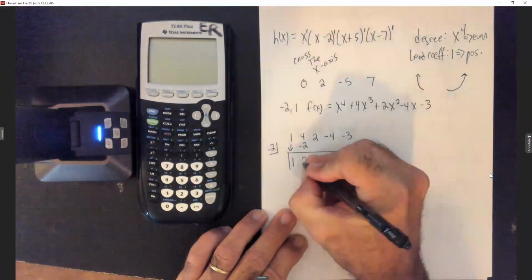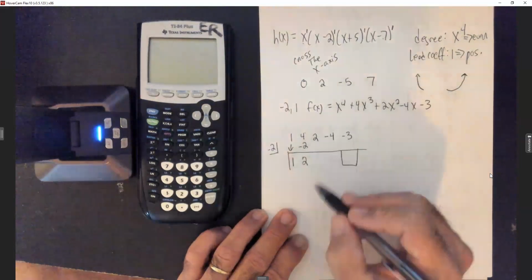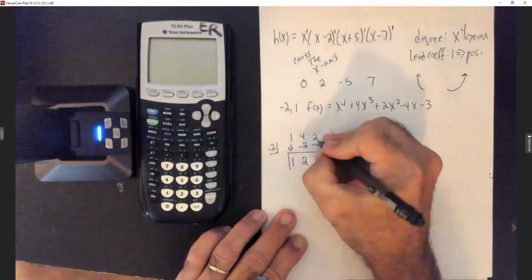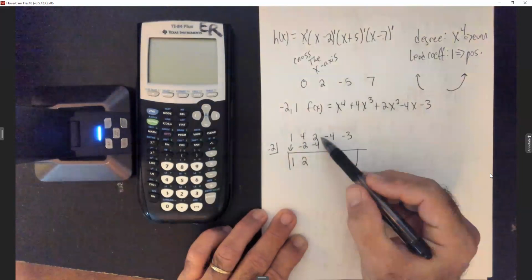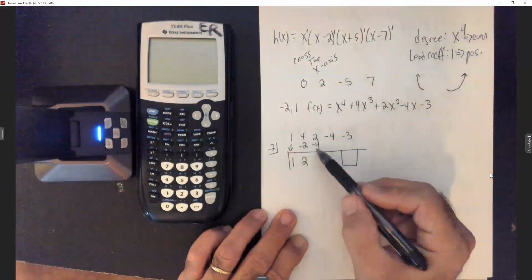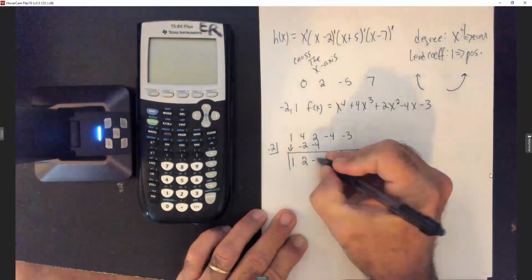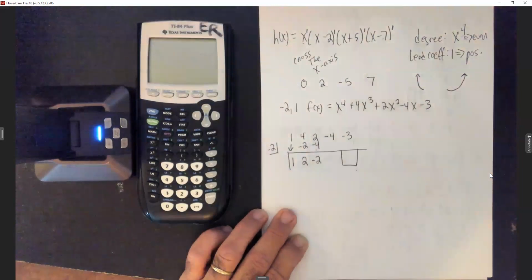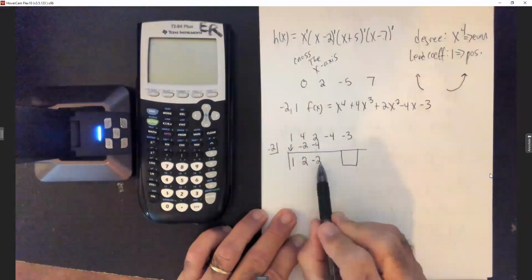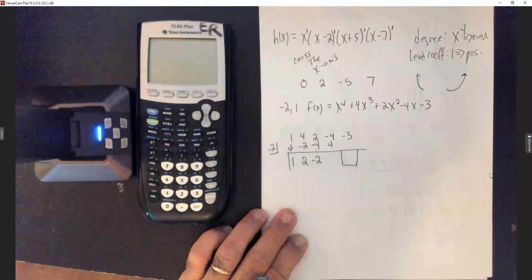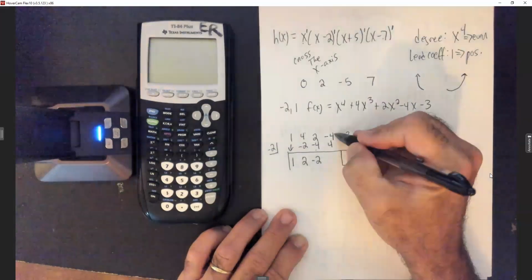Then you repeat the process. 2 times -2 is -4. 2 and a -4 give you -2. Repeat the process. -2 times -2 is 4. -4, 4, is 0.